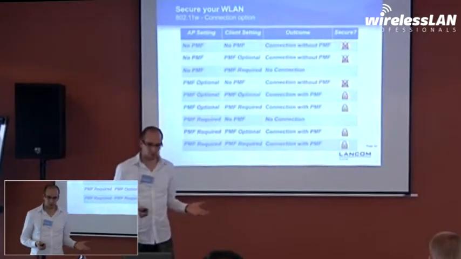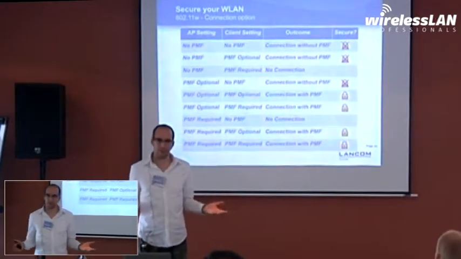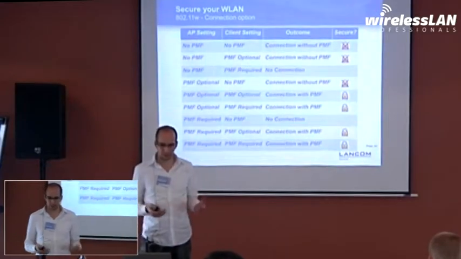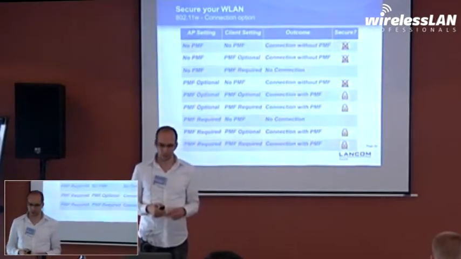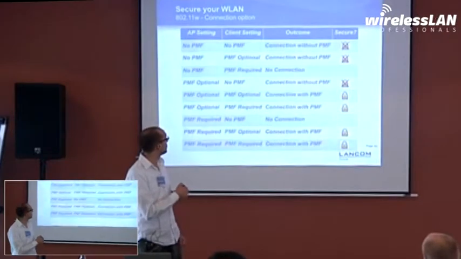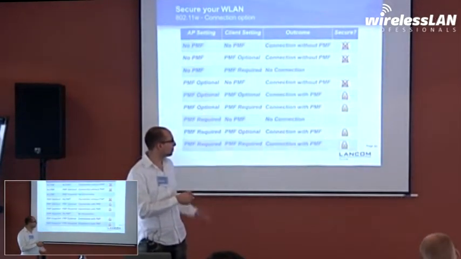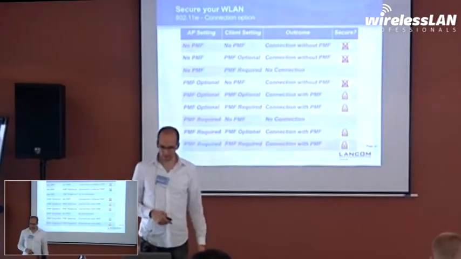There are three options for deploying protected management frames. You can say no, I don't want to use it. You can say I want to do it optionally. And you can set it to required or mandatory. I've given you the outcome of all the different options between AP and client, and whether it's secure or protected, on the right side.